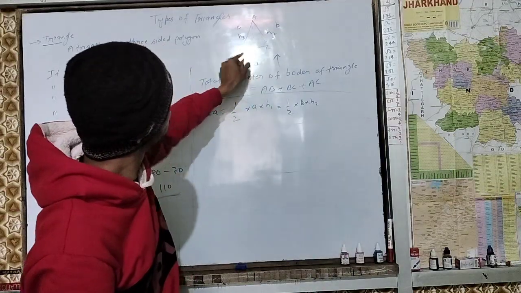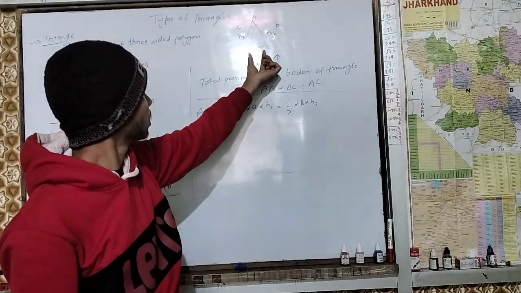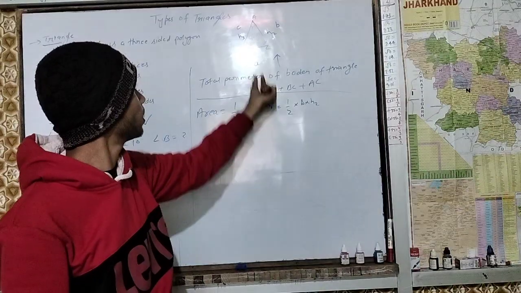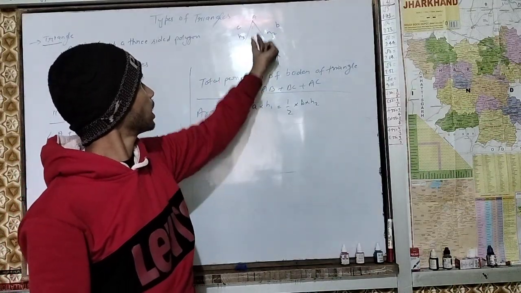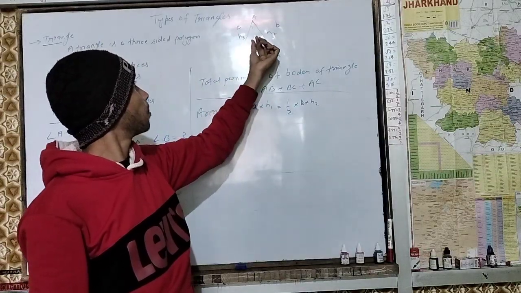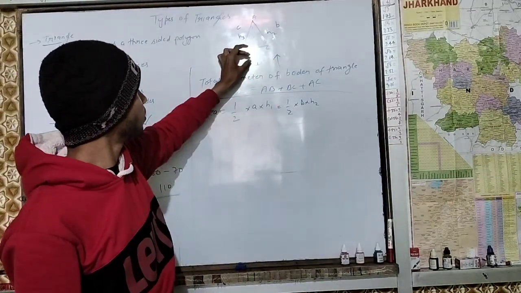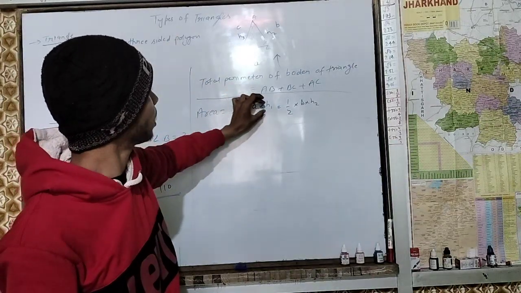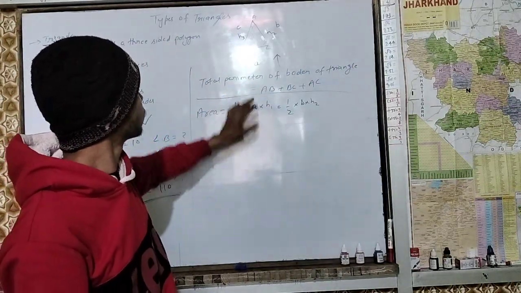Here A is the length of the base, A is the base, and the altitude is H1. This is perpendicular to BC. That's why we took this H1. So A multiplied by H1 is for ABC.